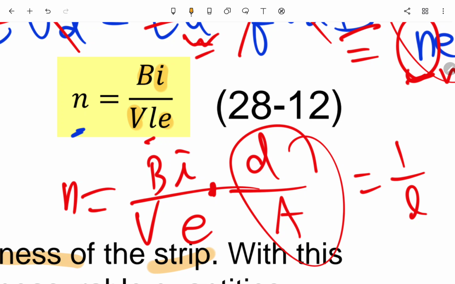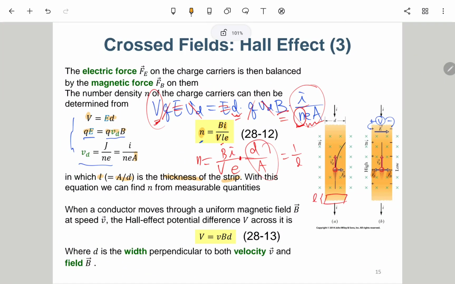So with all these five values, based on this equation we can find N, the carrier density.